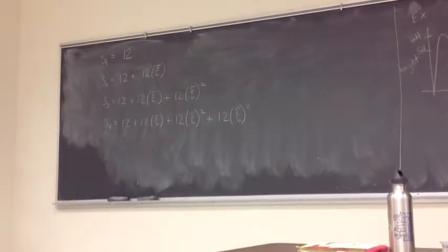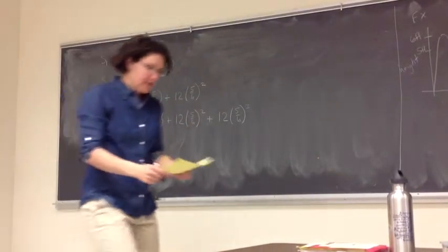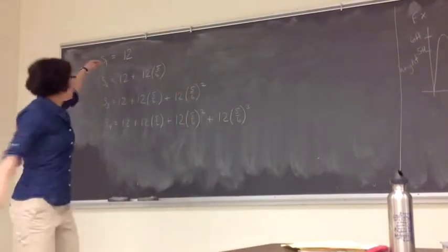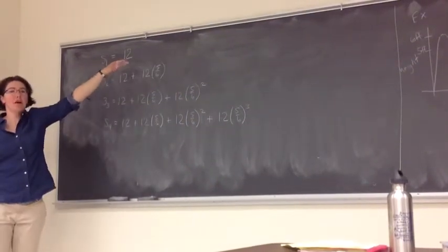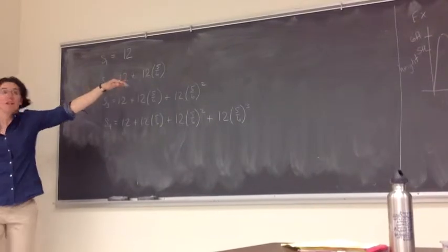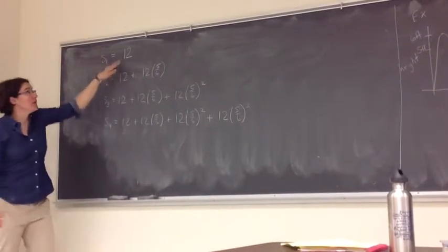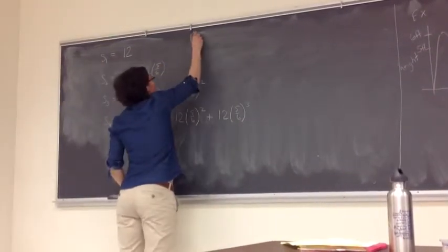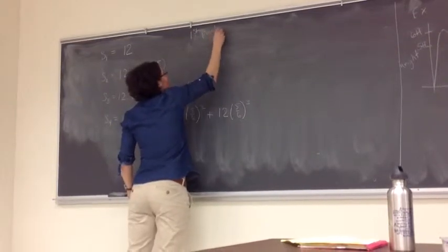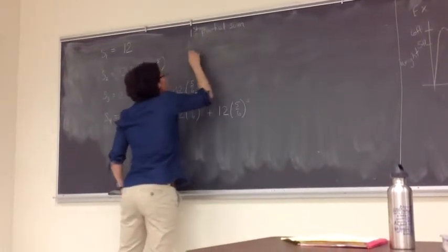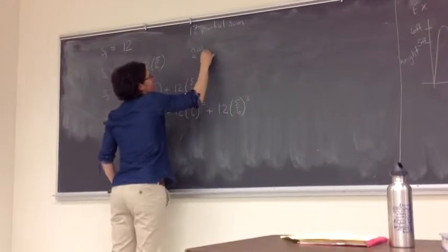Okay, so I have my first 4 terms. Each of these we call partial sums, they're part of that infinite sum. These each have a name, and this first one is called the first partial sum, and the second one is called the second partial sum.